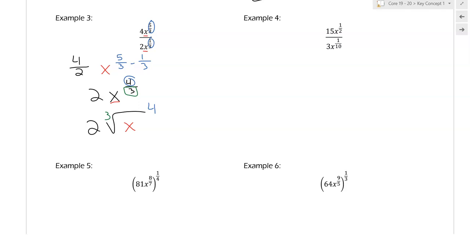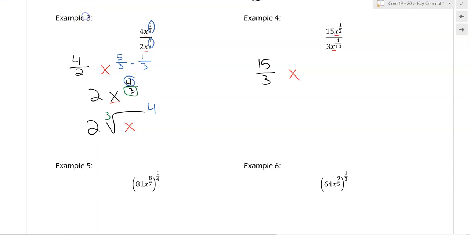All right, go ahead, pause the video and try example 4. All right, at this time, you should have an answer for example 4. Okay. Again, we start with our coefficients. We do have 15 over 3. Then these have the same base.